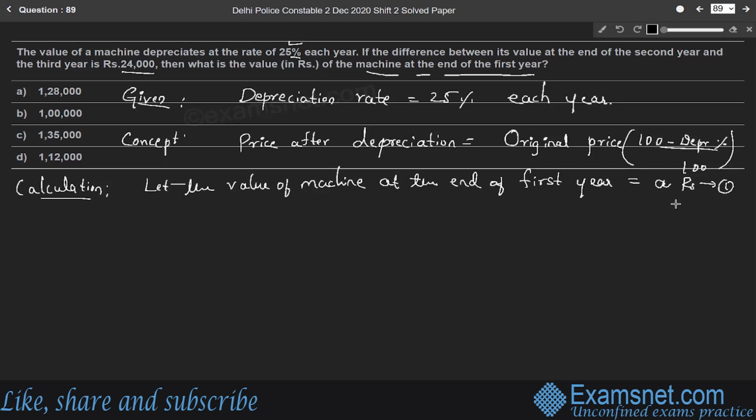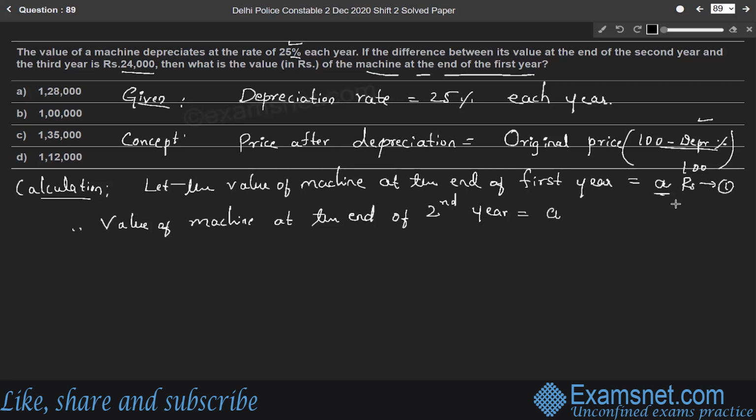So then the value of the machine at the end of the second year becomes, from this formula, the original price we have assumed is A rupees.